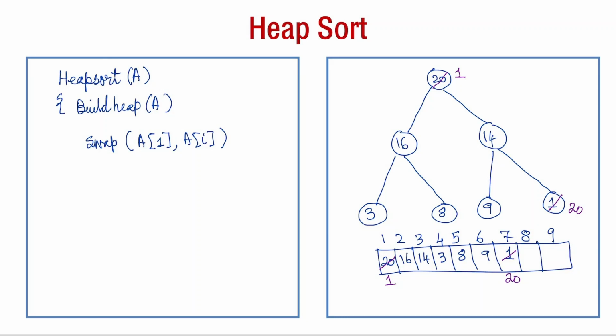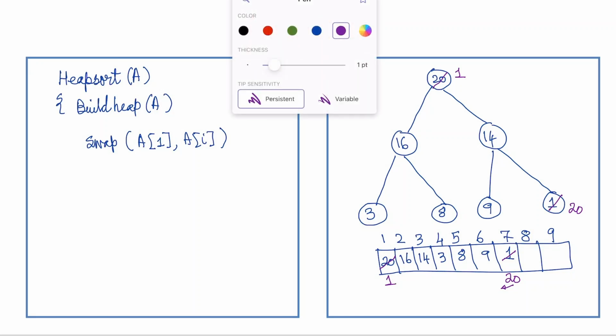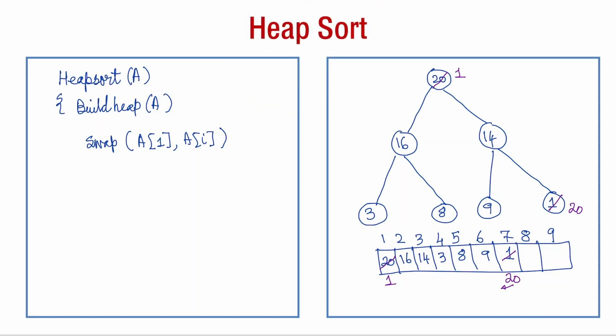As soon as I do this, I will reduce the size of the heap because I have removed this element. So size is equal to size minus 1. And now that I have put 1 here, I will have to update downwards.